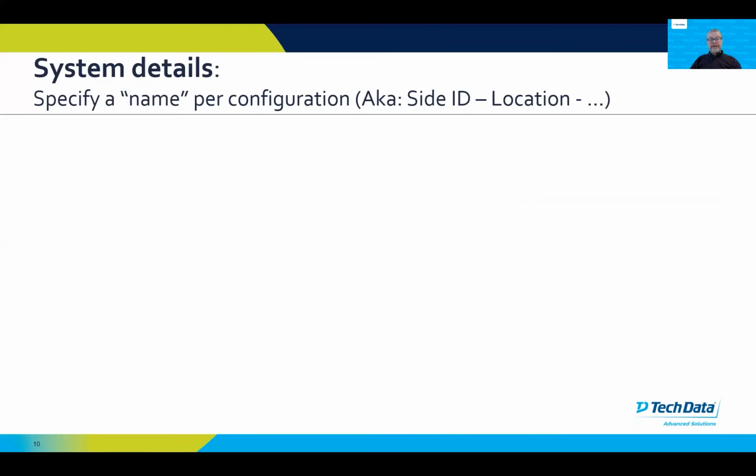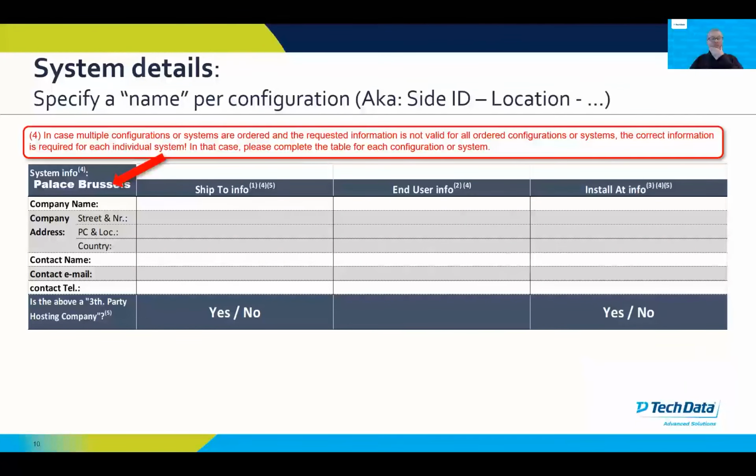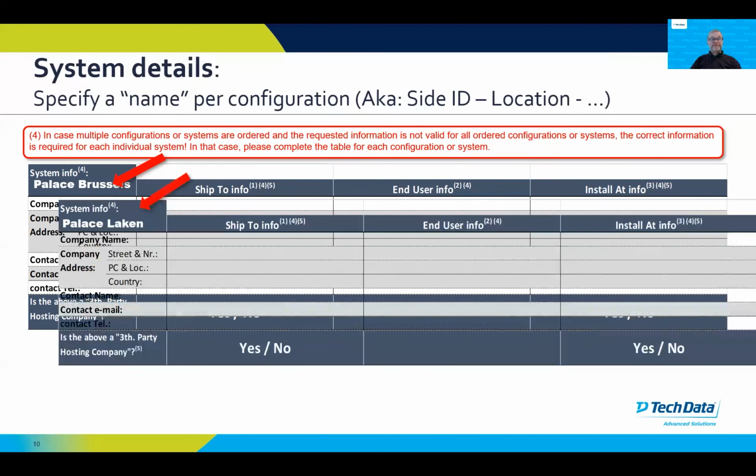So in case you place an order for 2 or more systems, we need this information for each of those systems as they need to be shipped to different locations or may be finally installed in different data centers.